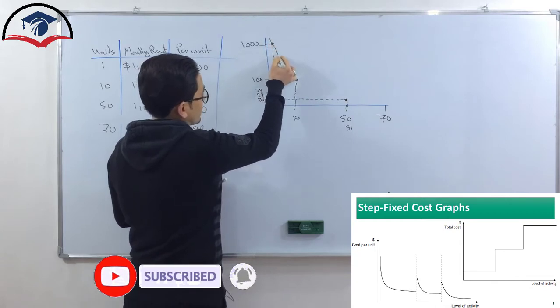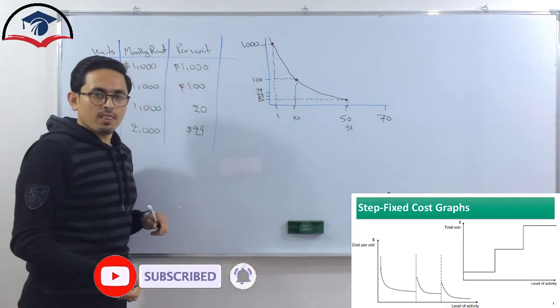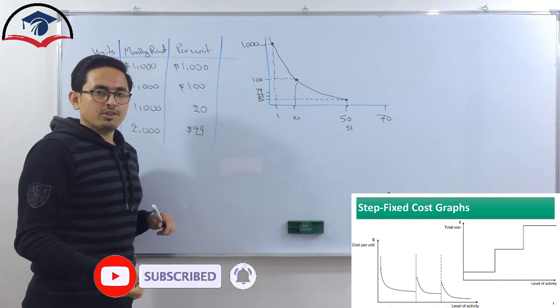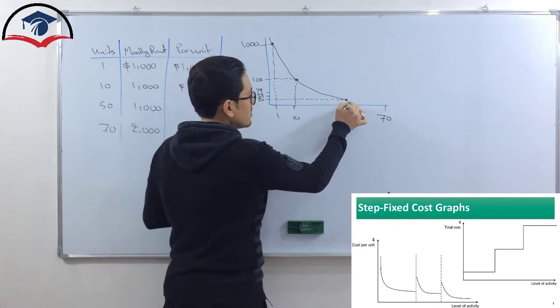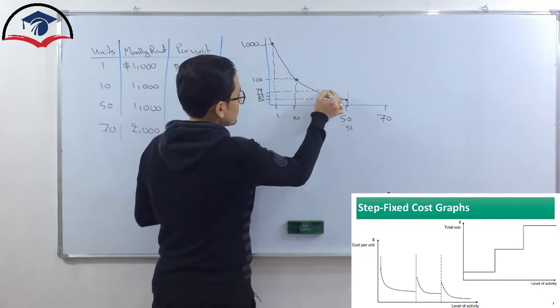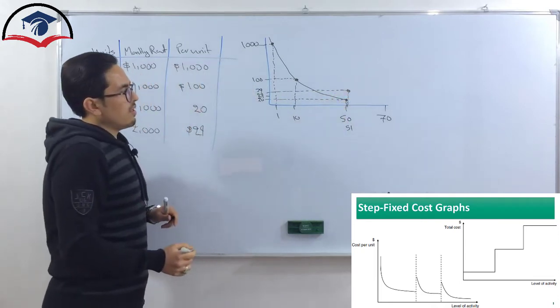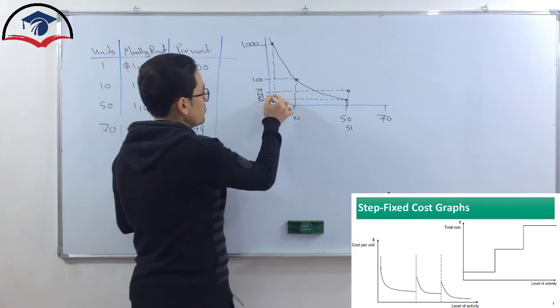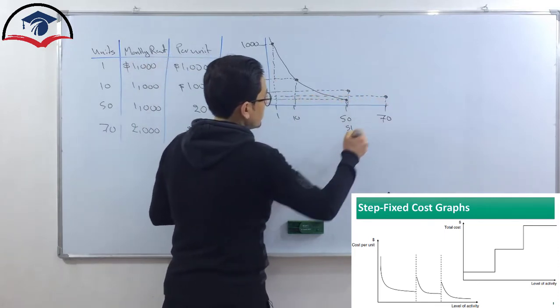So there is again a curve like the fixed cost per unit. It will reach here. But what about the change to the new range? At 51, here it is, and my cost will be here for the new range. For 70 students, the cost will be $29, here.